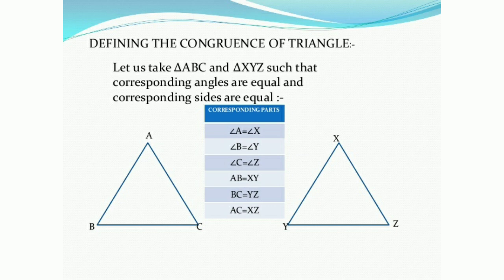That means angle A equals angle X, angle B equals angle Y, angle C equals angle Z, and also the corresponding sides AB equals XY, BC equals YZ, and AC equals XZ. All the angles and all the sides are equal in these two triangles, triangle ABC and triangle XYZ.